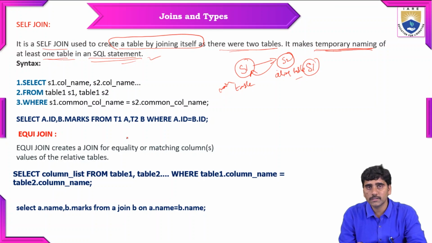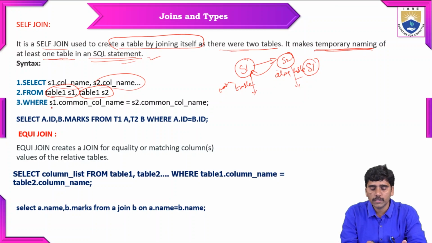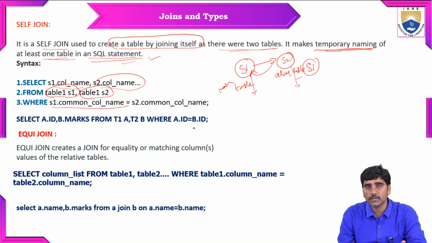See the syntax: select S1 dot column name, comma S2 dot column name. That indicates the alias contains the same values. From table 1 S1 and table 2 S2, so we need to mention both tables, where S1 dot common column name equals S2 dot common column name.